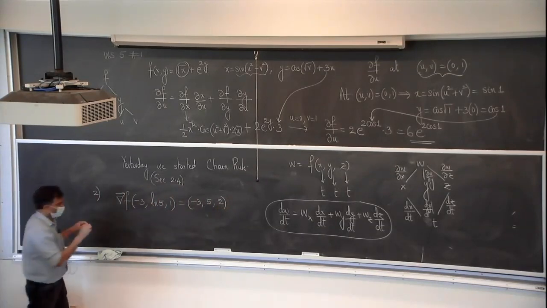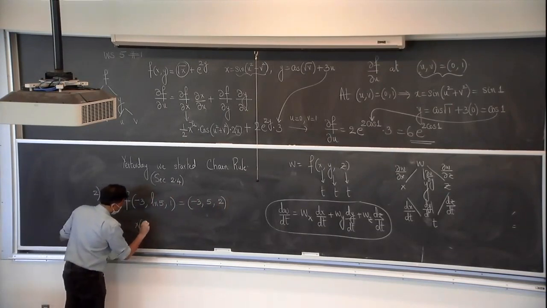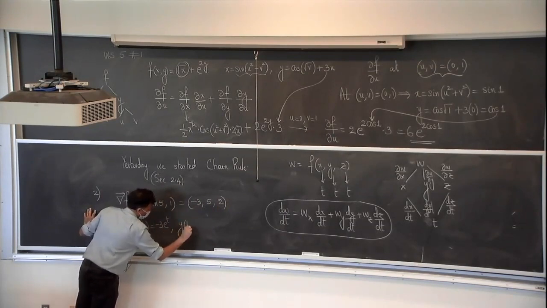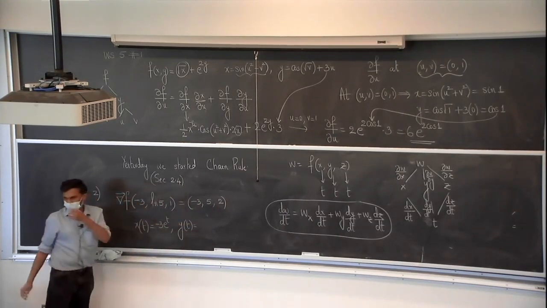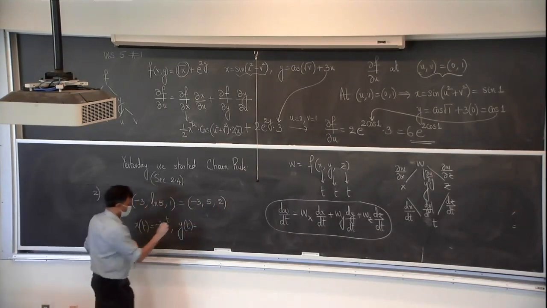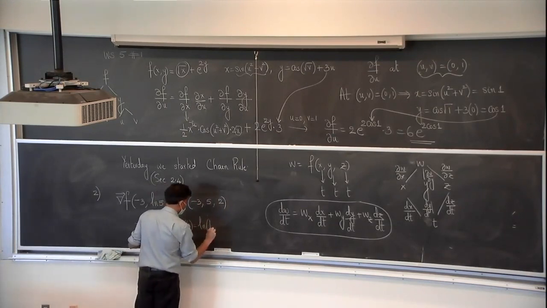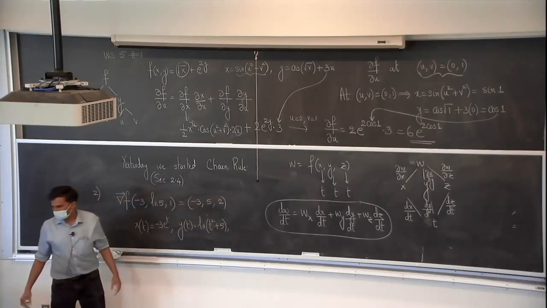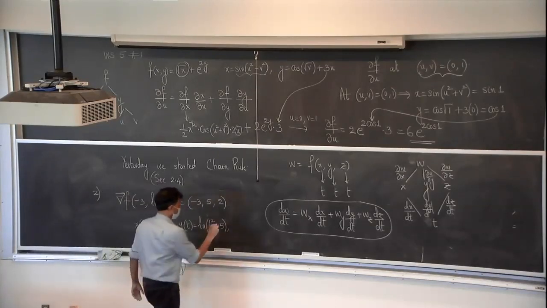And x of t is -3 e to the power of t, y of t is ln of (t squared plus 5), and z of t is cosine of t.